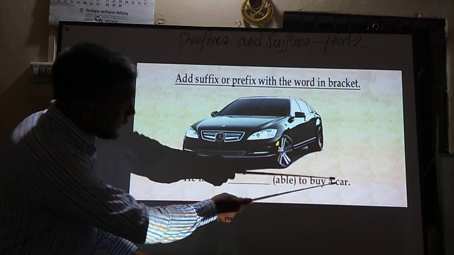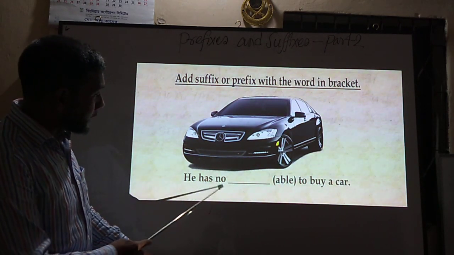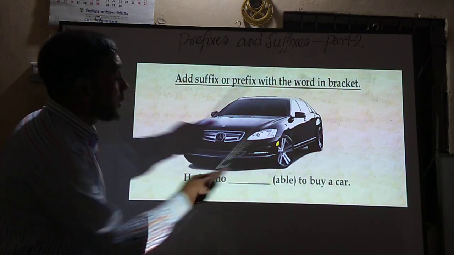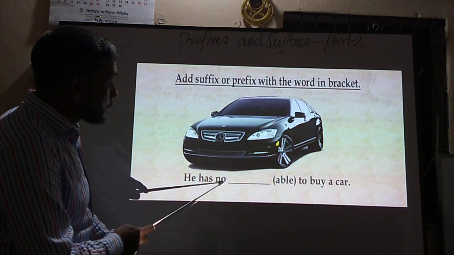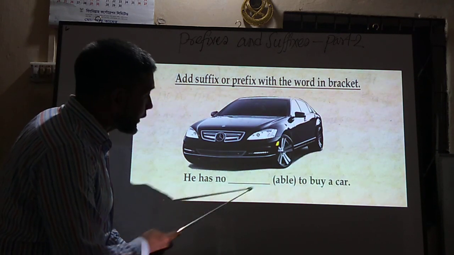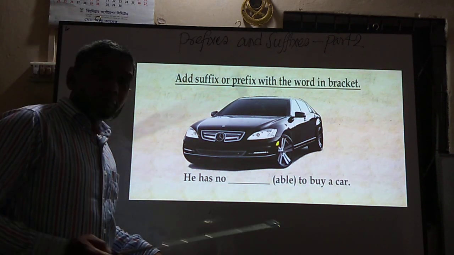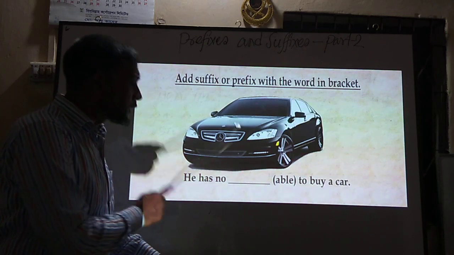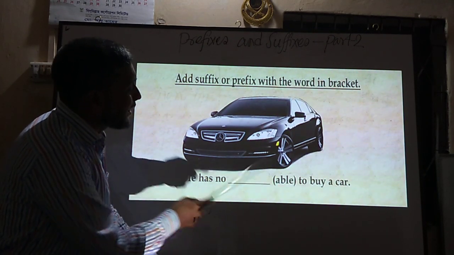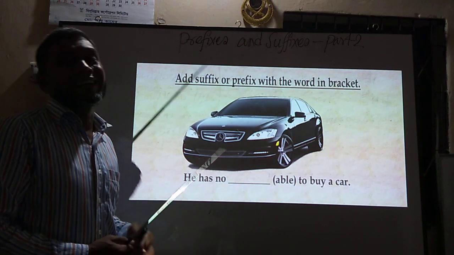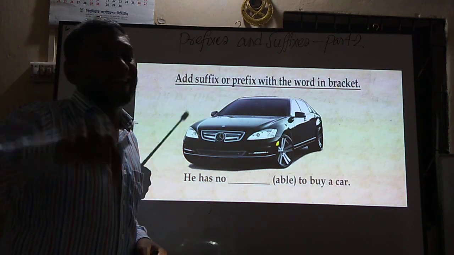If I consider this sentence, he has no to buy a car, here no is an adjective, you know. So after the adjective, the position is for a noun. As this position is for a noun, there is a word in the bracket, but the word is an adjective. So here is my technique.